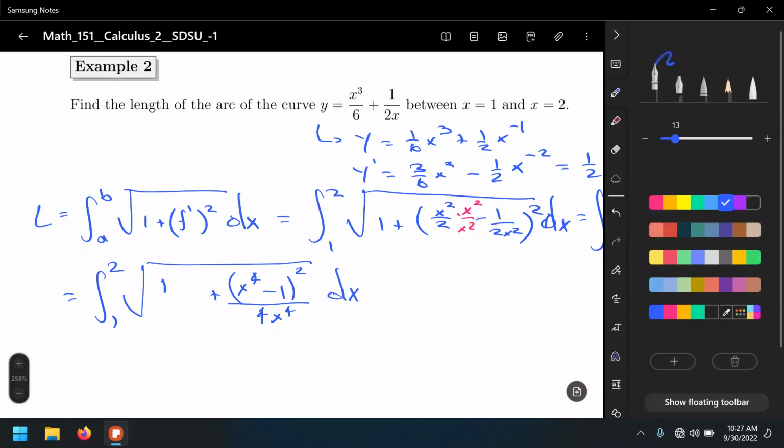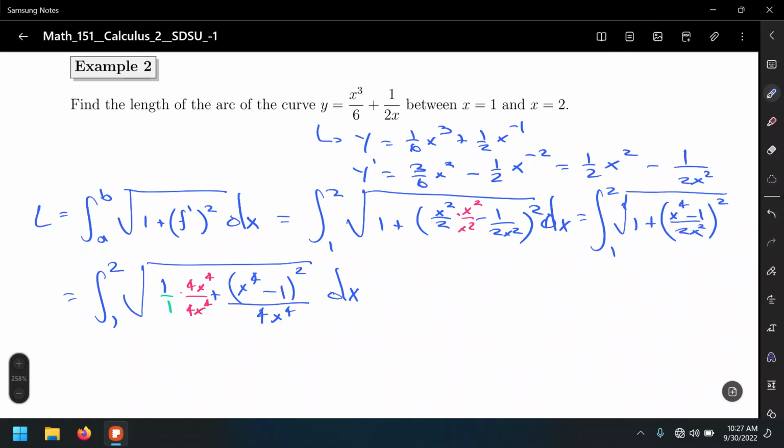Again, this number 1 can be expressed as 1 over 1, and we will be able to combine the fractions together in a similar way that we did before inside of the parentheses, but this time we're going to do it for the whole radicand. So let's multiply numerator and denominator by 4x to the 4th, and only then we will be able to have everything together as a single fraction.